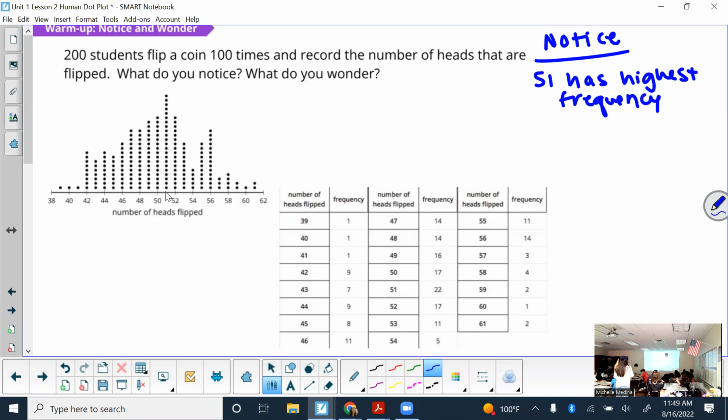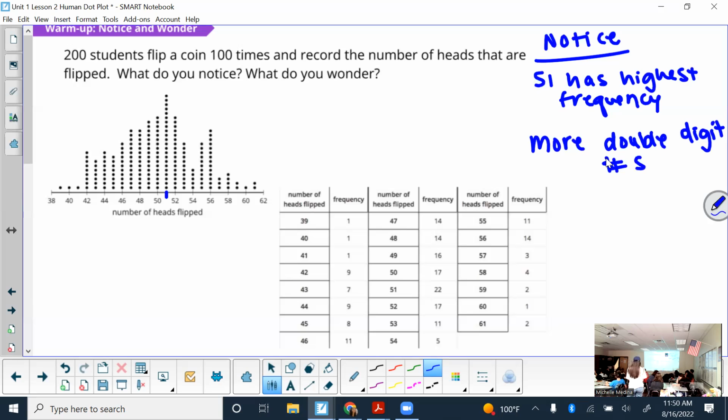Here's 50, 51 would be here. It's the tallest. Good. Looking at the table, there are more double-digit numbers than single-digit numbers.